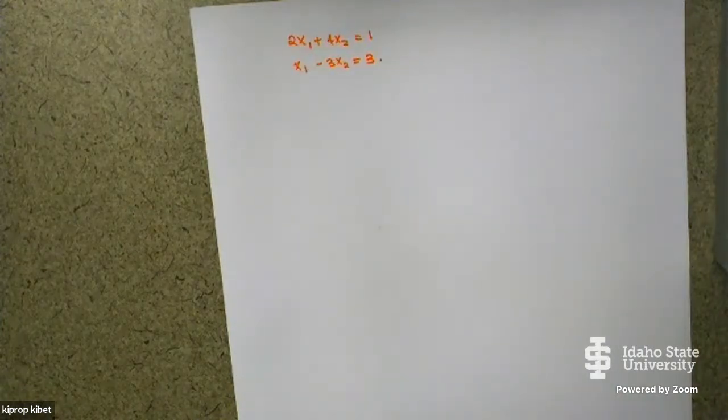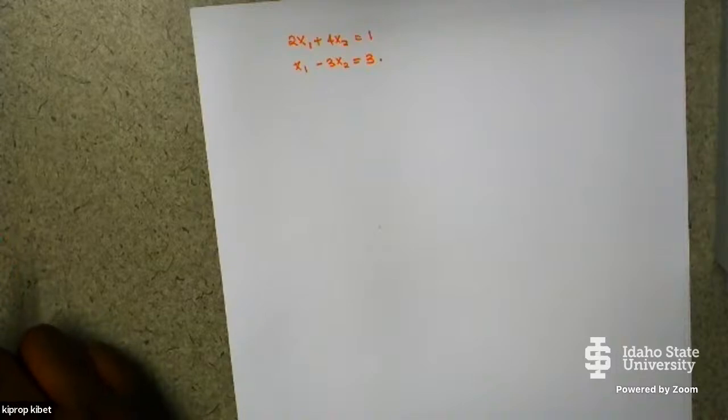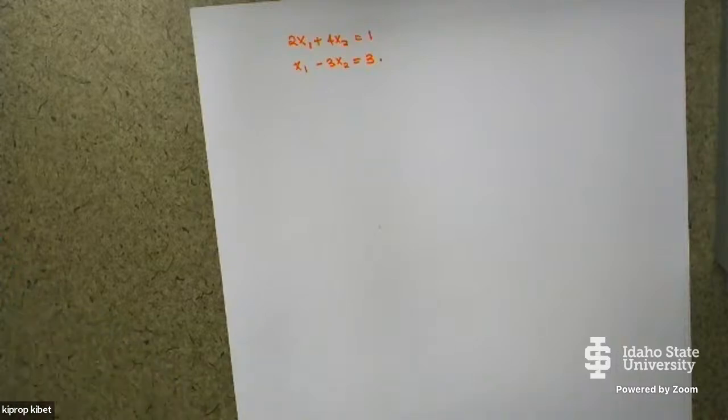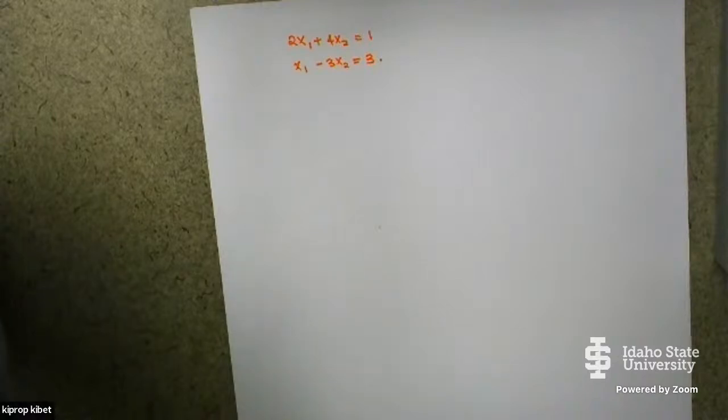If you did O-level, there are many ways of getting the values of x1 and x2. One of the ways here is the elimination method. The other one is the substitution method.